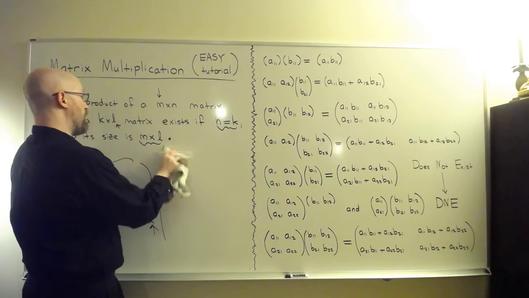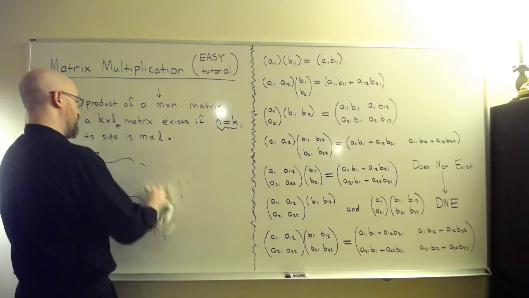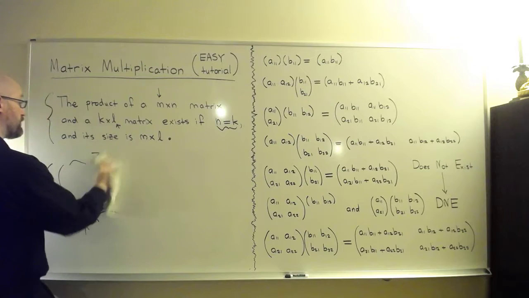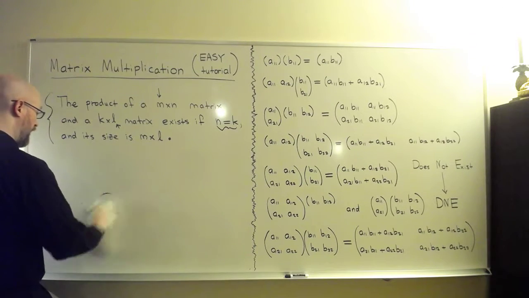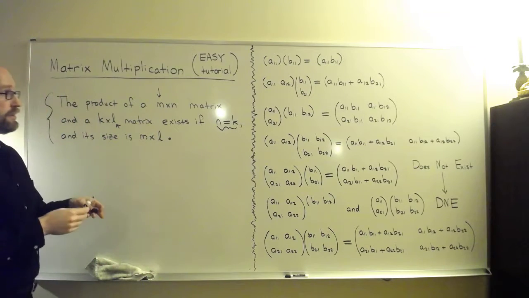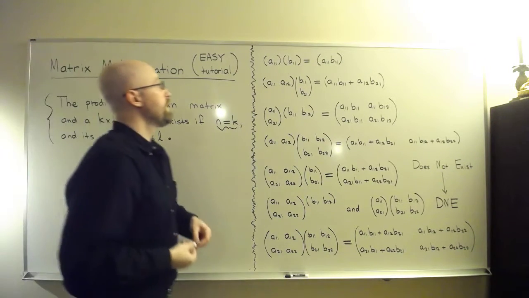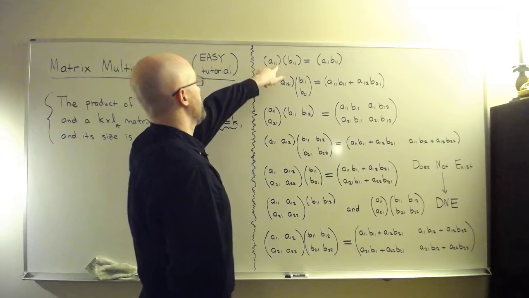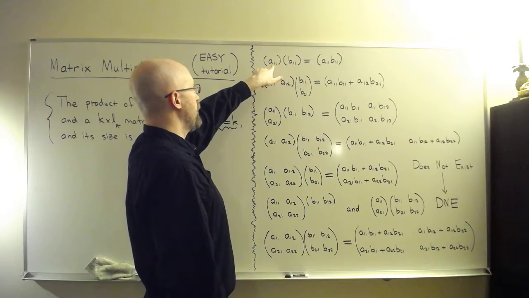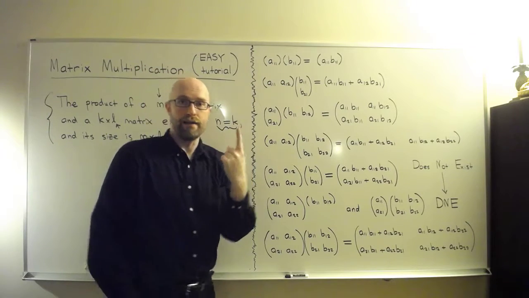Now over on the right part of the board, I have a bunch of cases written out. And they're written out in generality because they're written with letters. Now what do these letters represent? Let's look at the top one here. I have two matrices, and each of those matrices has just one entry in it.